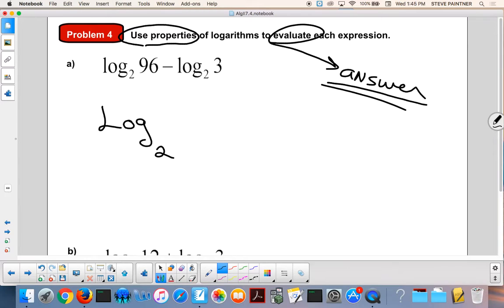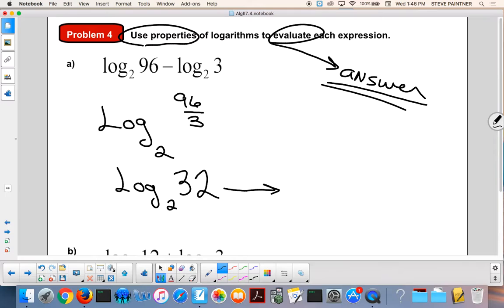What'd you do? Turned it into division, I hope. Yeah, 96 over 3, which is log of 32. And now, because they're saying evaluate, that means you can get an answer. You should be able to do it probably without your calculator. You need to know 2 to what power is 32?